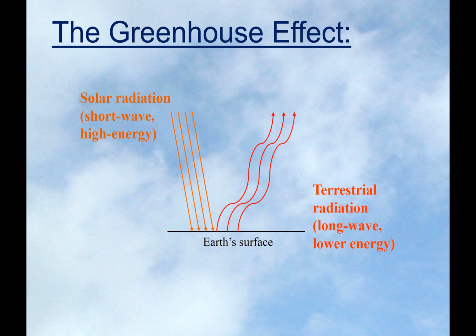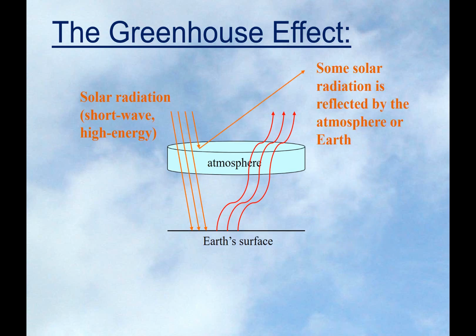And when it gets reflected off, it typically is longer wavelength and lower energy than what came in. Again, I want to emphasize, this is naturally happening. We have an atmosphere that constantly is letting solar radiation through, and it is letting a lot of that terrestrial radiation out as well. Now, the next picture here is we're going to find some of that solar radiation because we have our atmosphere.